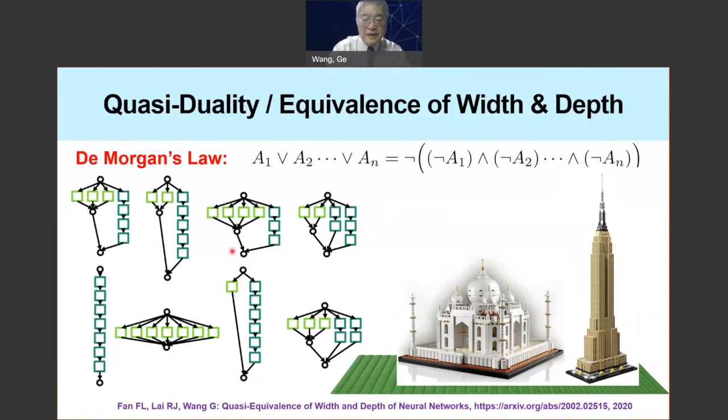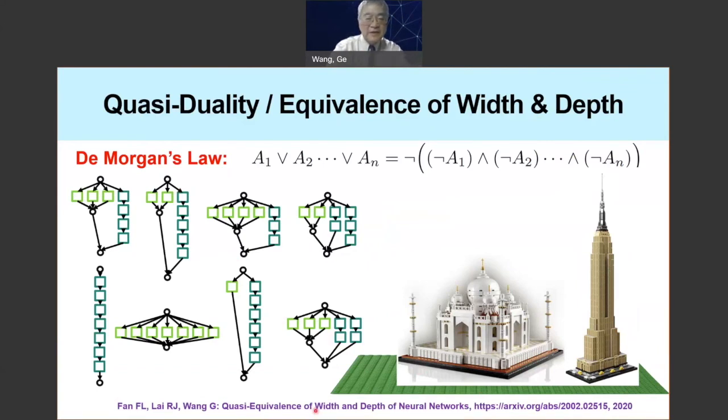If you are interested, you can take a look at our theoretical paper here, and you can find several theorems and their proofs. That is to say, if you have a given complexity of neural network, you can make a very wide one, a very deep one, or many in between. All of these networks will essentially do the same job.